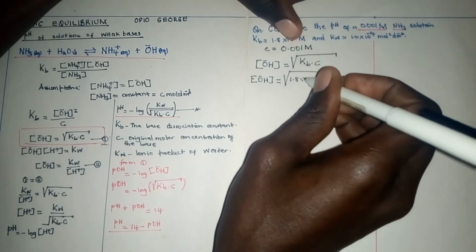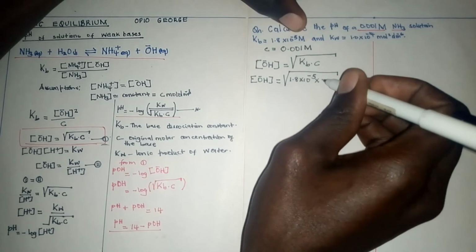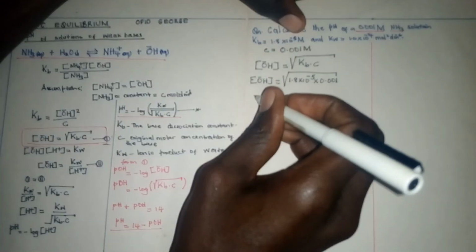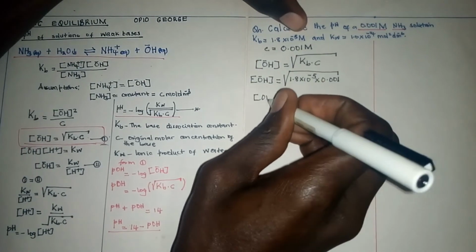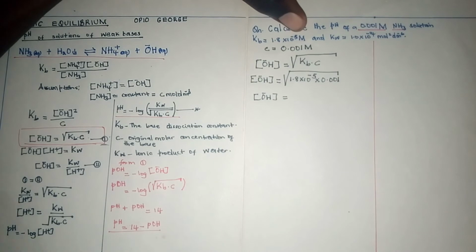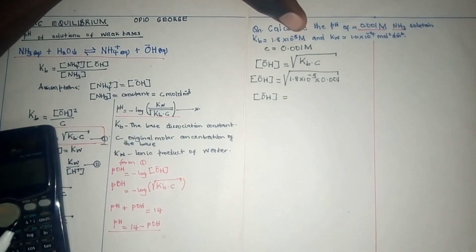1.8 exponent negative 5 times 0.001. So molar concentration of hydroxyl ion is expressed as, you can put that in the calculator, 1.8 exponent negative 5 times 0.001, and then you get the root of your answer.